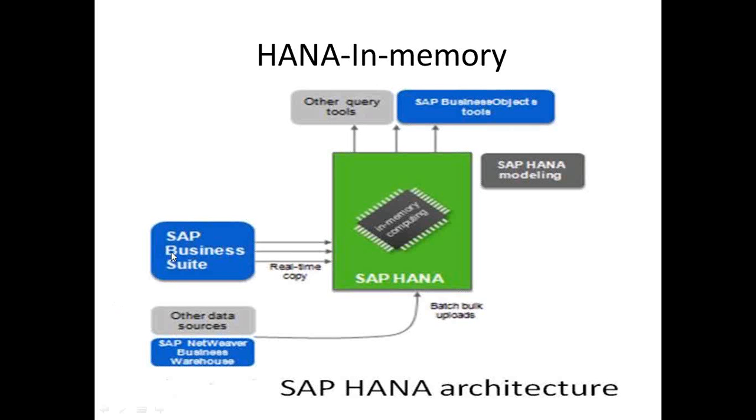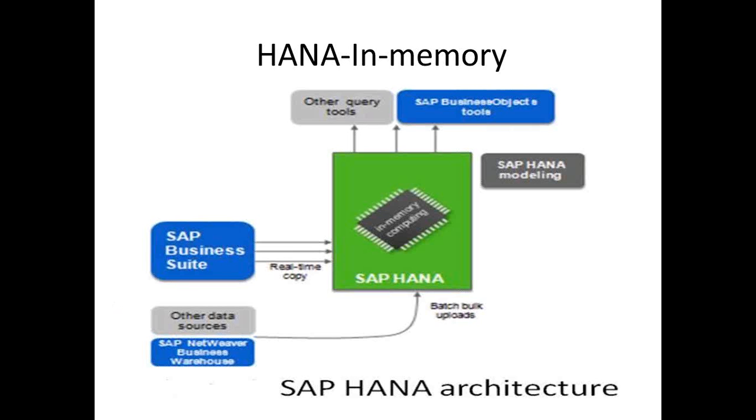You could bring in data from the SAP Business Suite, which comprises ECC or CRM or SRM systems, or any other BW systems. You could also bring in data from multiple databases, or from, let's say, flat files. All of these are brought into the SAP HANA appliance.